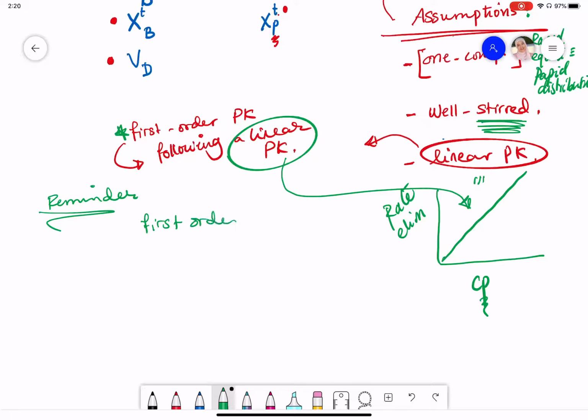first order kinetics, if you remember, dA/dt, we use this as amount, equals minus k multiplied by A, if we are talking about amounts. And when we wanted to talk about concentration, it was dC/dt equals minus k multiplied by the concentration.